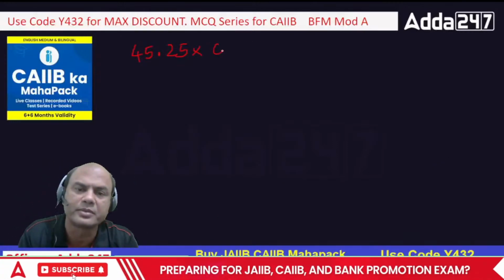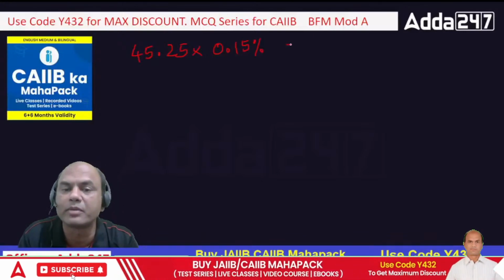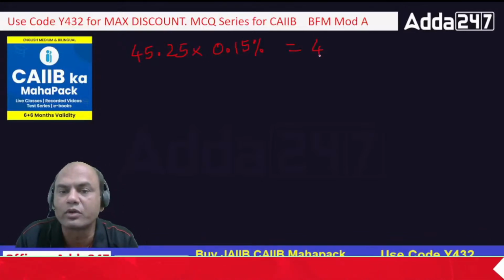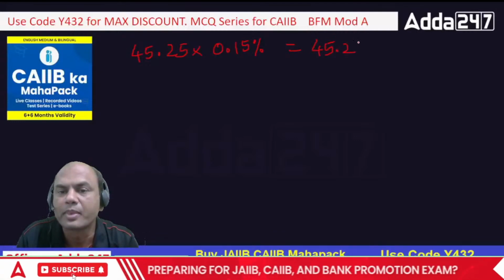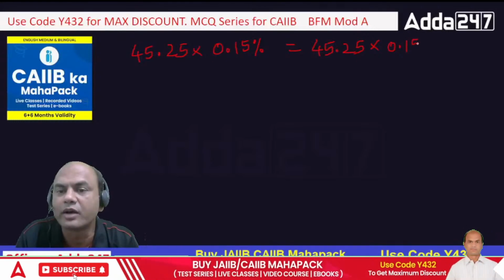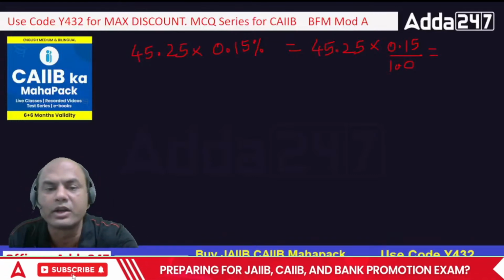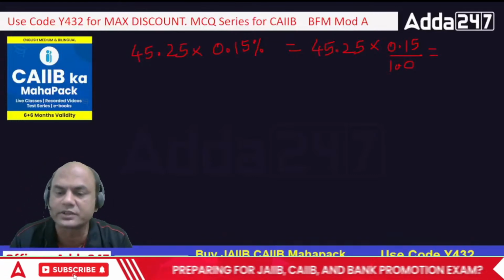Use it. Percent means again remember this: 45.25 into 0.15 upon 100. Never forget this upon 100. So what is the answer now? 45.25 into, do it, everyone try it yourself.